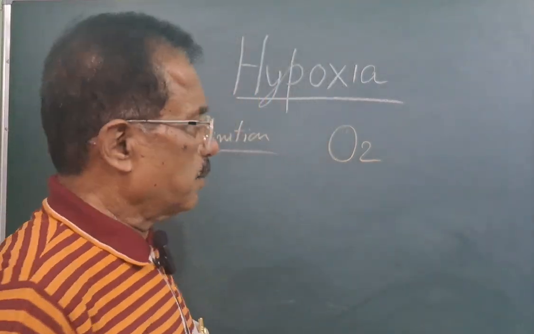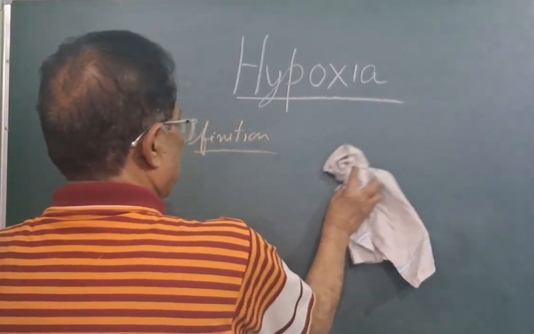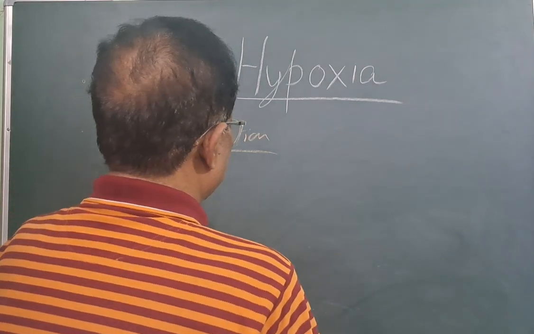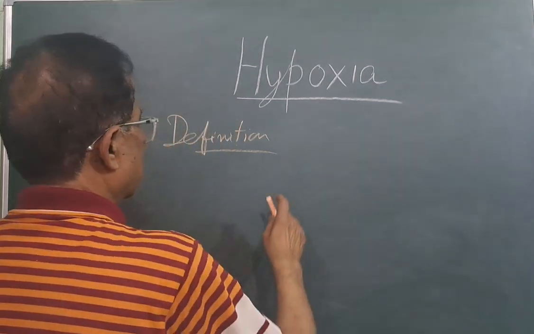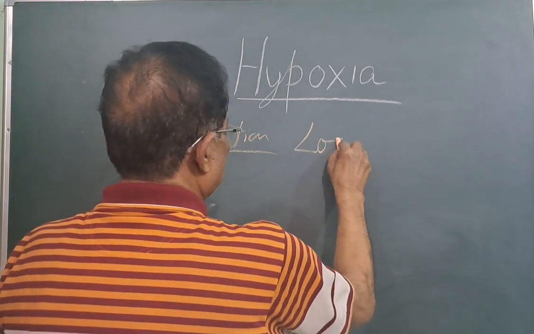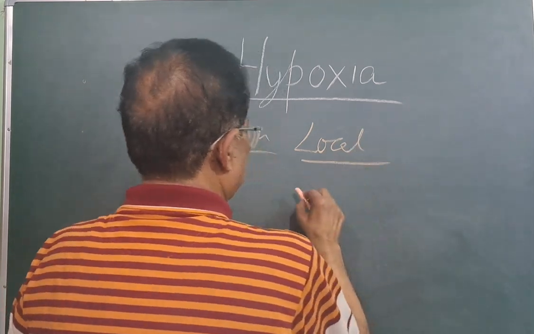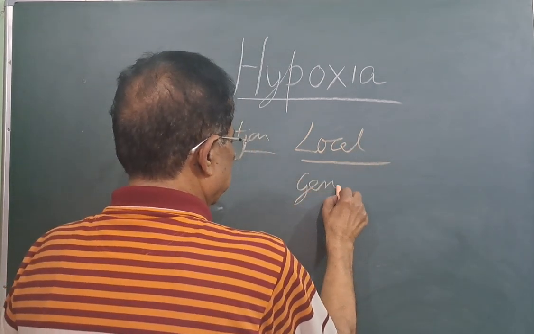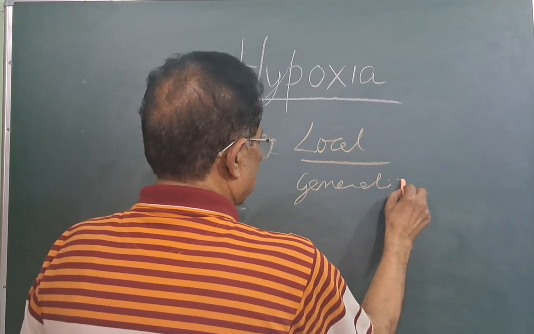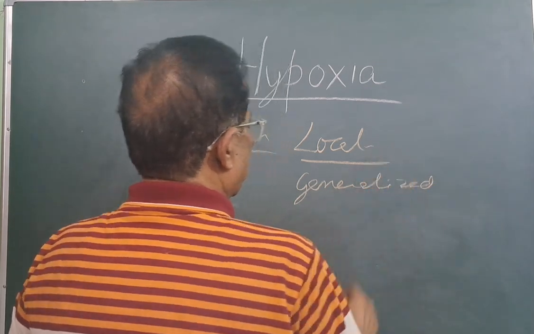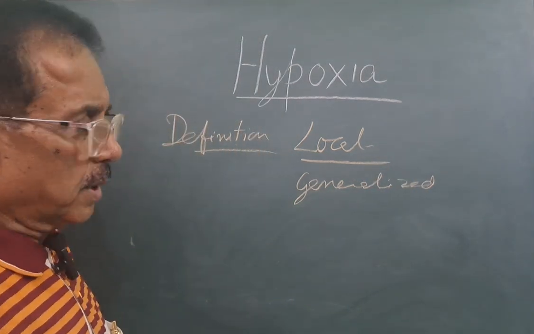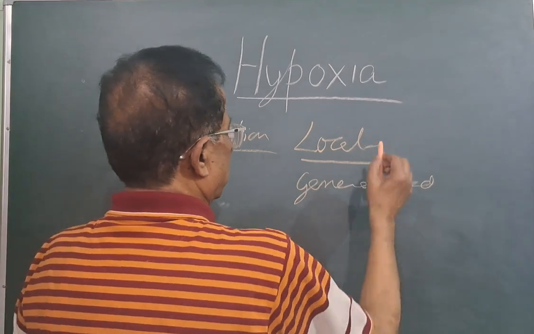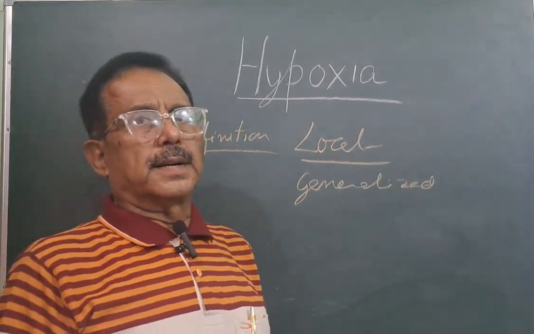This is hypoxia. Now there are two types of hypoxia. Number one, local and generalized. Local means in some part of the body there is a hypoxic condition.